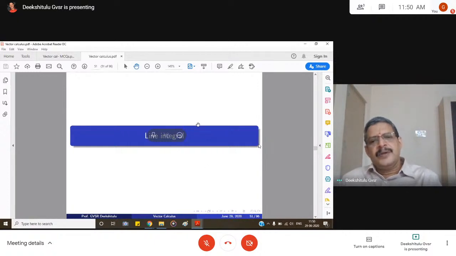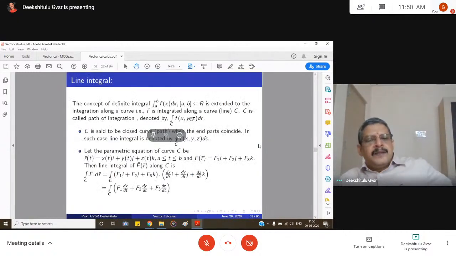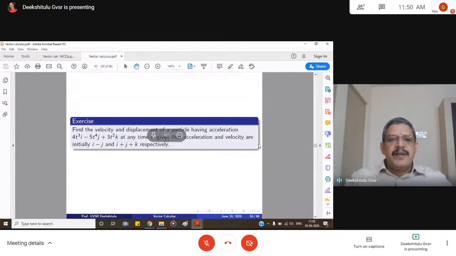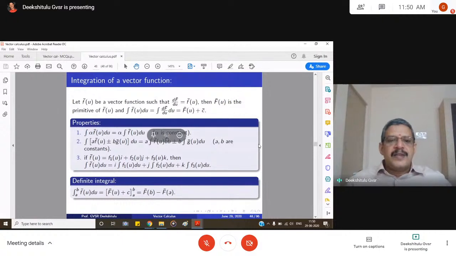So, line integral. We have done now just general integration with respect to a scalar variable. Now, you will be given a vector point function. You will be asked to integrate this along a curve C. So here what we have done is, in all these cases, we have integrated with respect to the velocity of a particle.